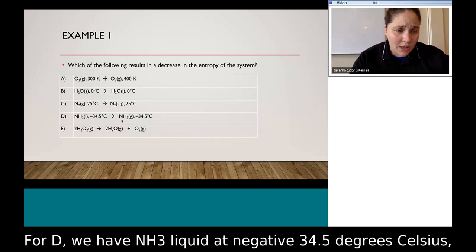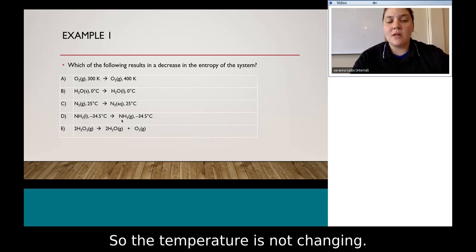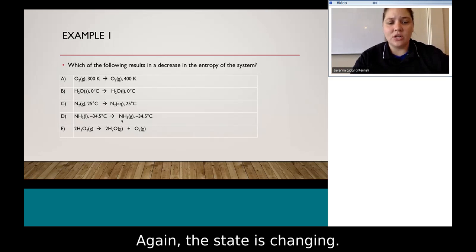For D, we have NH3 liquid at negative 34.5 degrees Celsius going to NH3 gas at negative 34.5 degrees Celsius. So the temperature is not changing. Again, the state is changing.